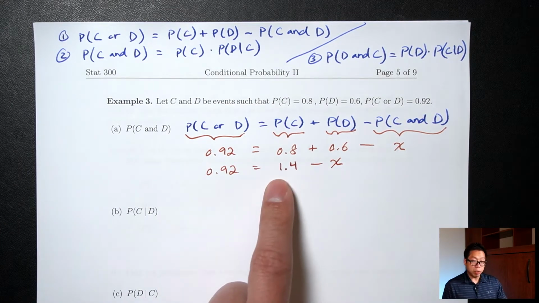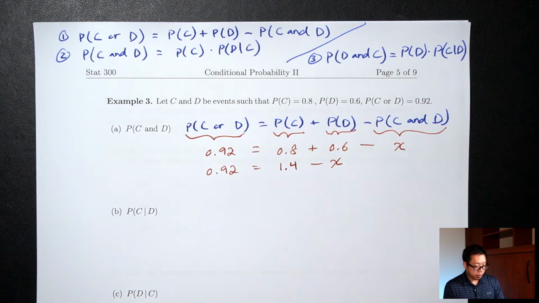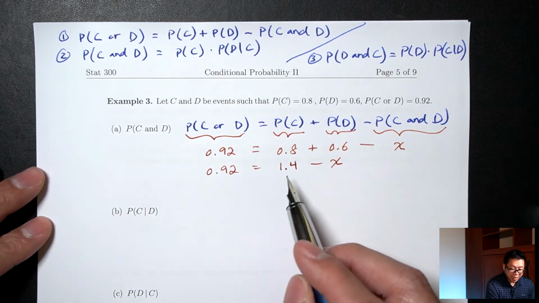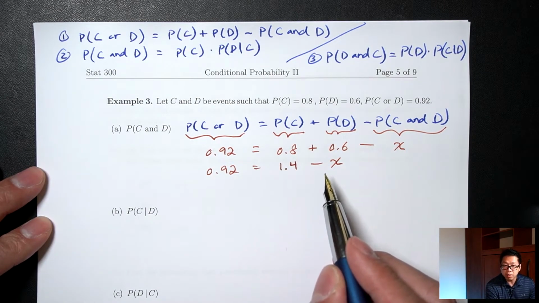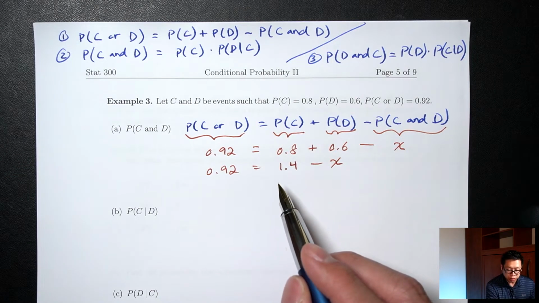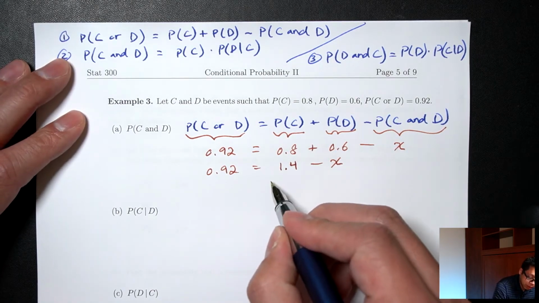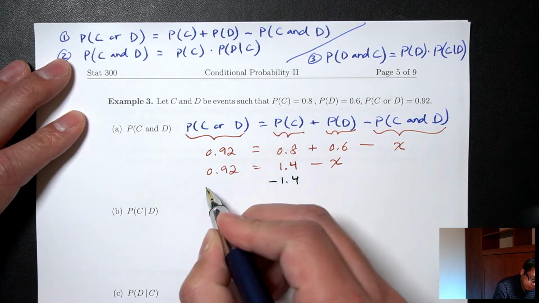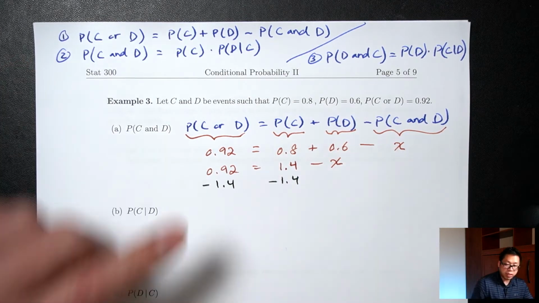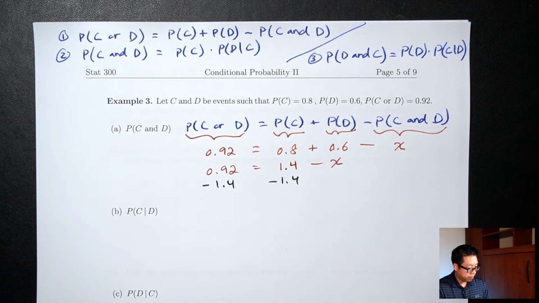And now I want to get rid of this 1.4. So right now, it's being added to this negative x. So to undo an addition, you're going to subtract both sides. So subtract. Left side, 0.92 minus 1.4. Negative 0.48.